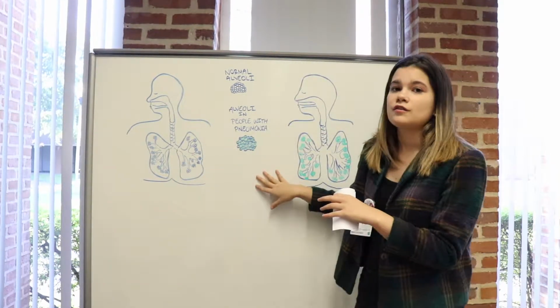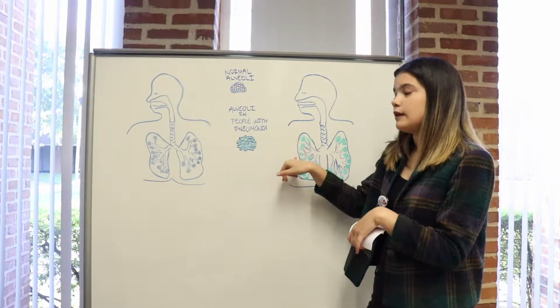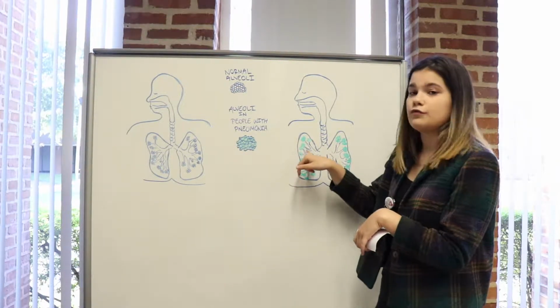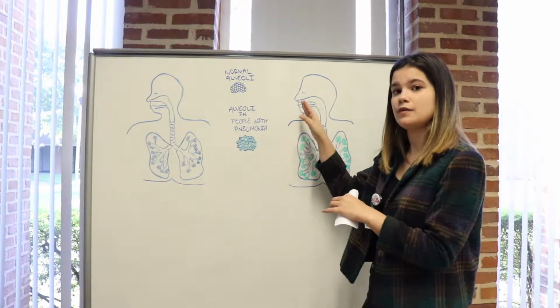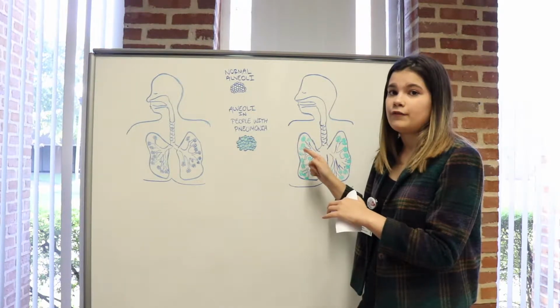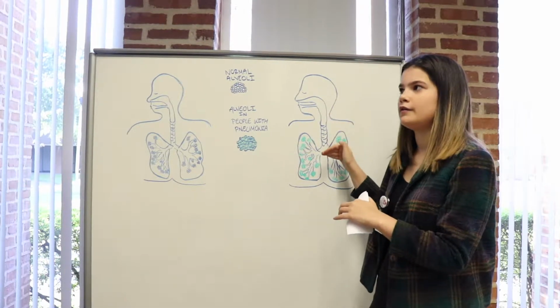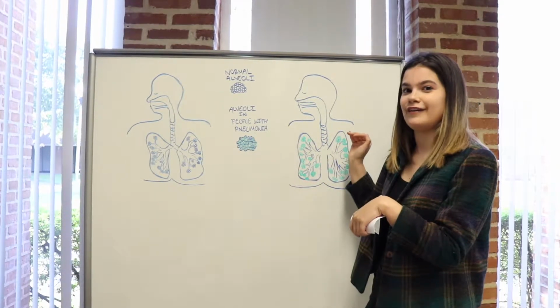But right here, these are the lungs that are affected by pneumonia. And as you can see, the alveoli right here have a lot of mucus secretions in them. And so this happens because when the pathological organisms enter, they get to your alveoli if they pass all of the immunological defenses of the body.